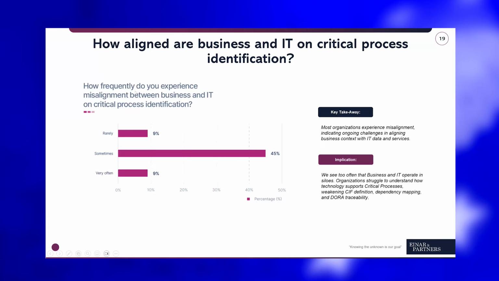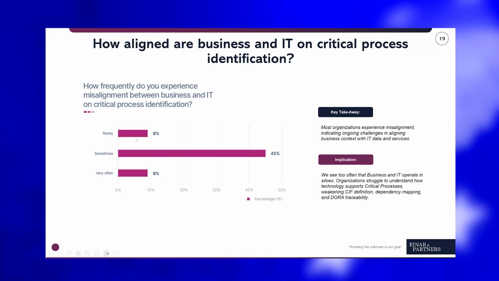And what we then asked is, how frequently do organizations experience a misalignment there between the business and IT on these critical process identifications? And there, the statistics is also quite telling that most people are experiencing some misalignment, either sometimes or very often.